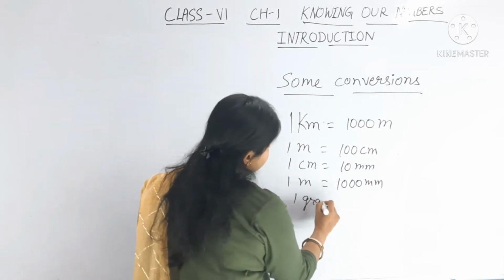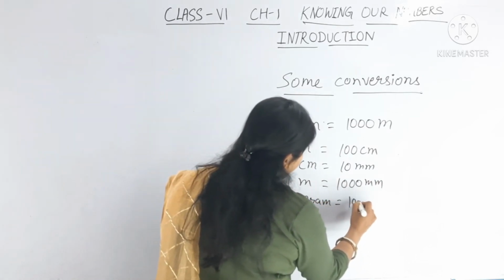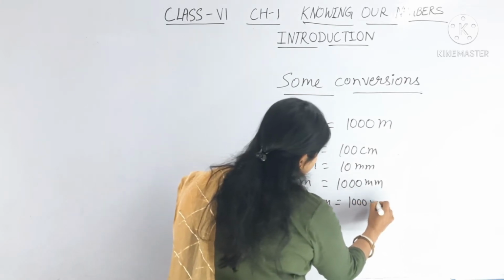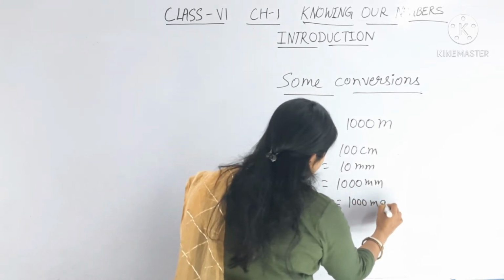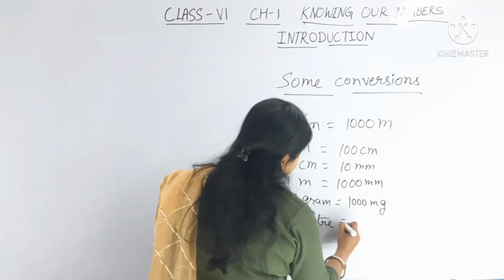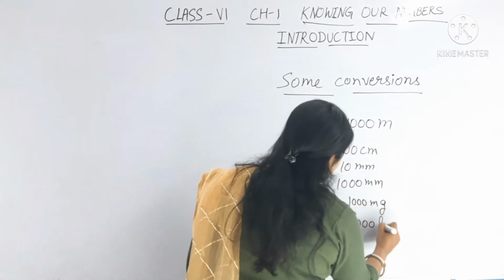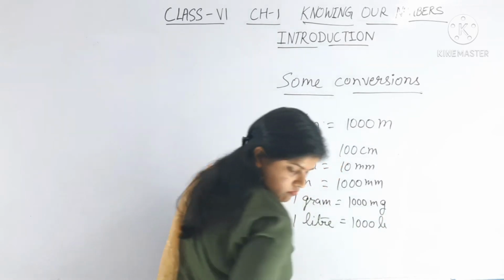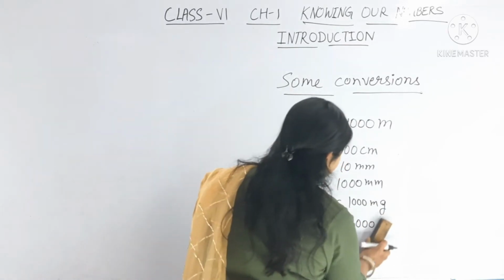1 gram is equal to 1000 milligrams. 1 liter is equal to 1000 milliliters, ml.